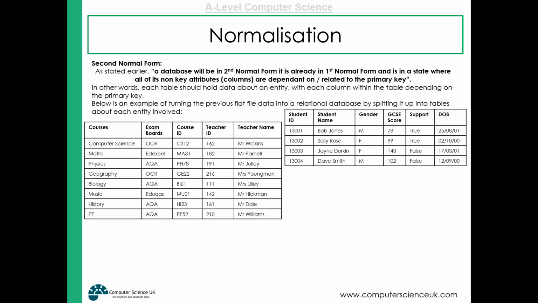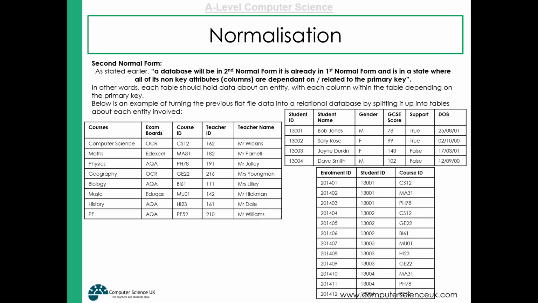We've got courses here, the different courses that are run at A level, their exam boards, and the teachers that run them. So on the face of it, it looks like that all relates to the course. So we split them up into two tables, and then we could have this intersecting table where we can start to link them up.